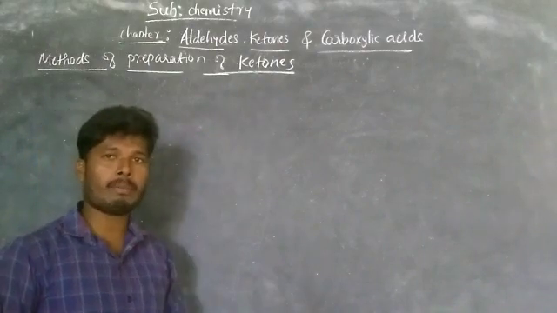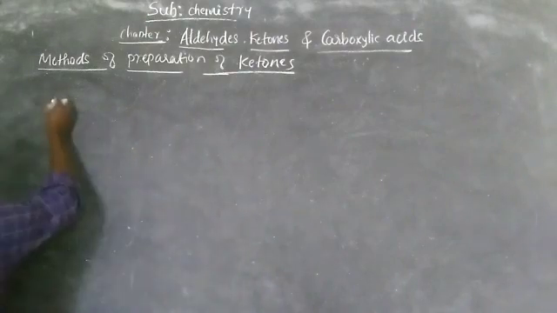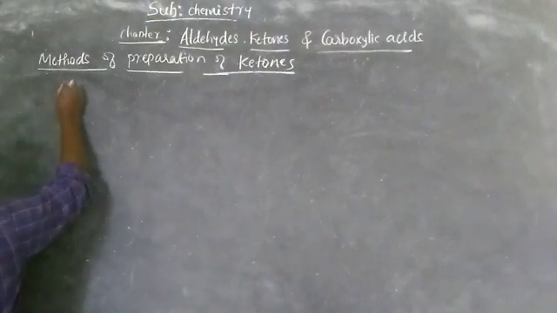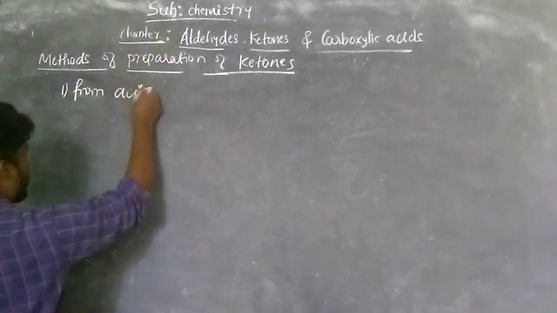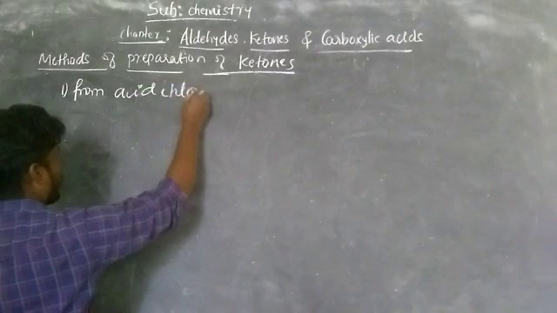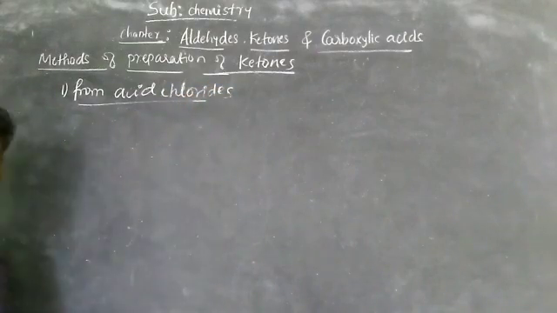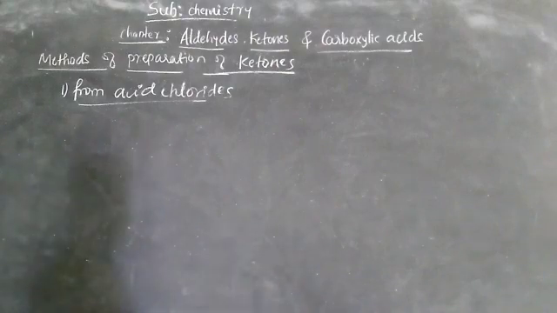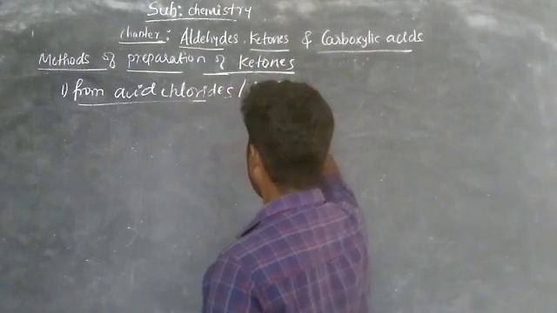The first method is from acid chlorides. Acid chlorides are acid halides, or we also call them acyl halides.